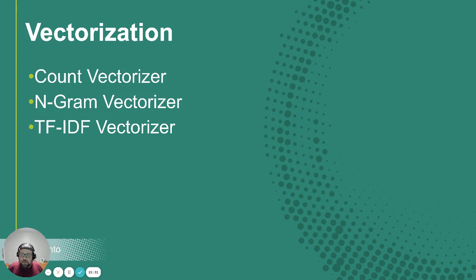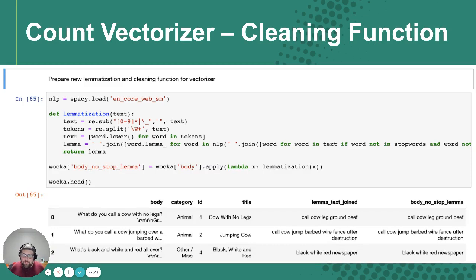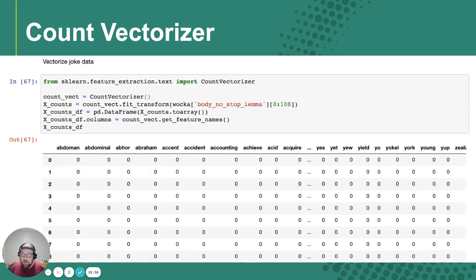And then we have to go through a process of vectorization. There are different ways of vectorizing this data. You can do a count vectorizer, n-gram vectorizer, and TF-IDF vectorizer very easily. So I'm just going to take this data, we're going to lemmatize it, remove stop words, and so on and so forth, all that preprocessing that we were talking about.